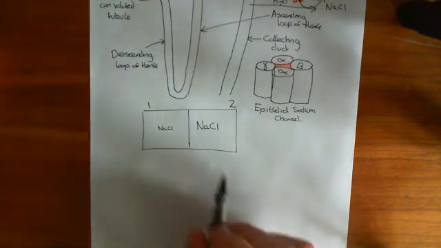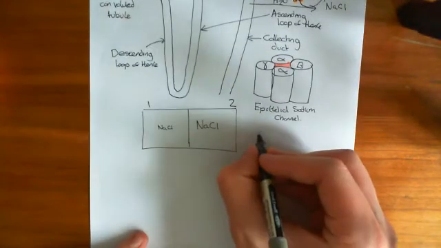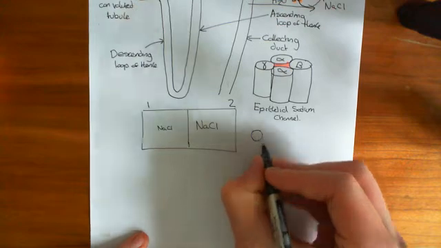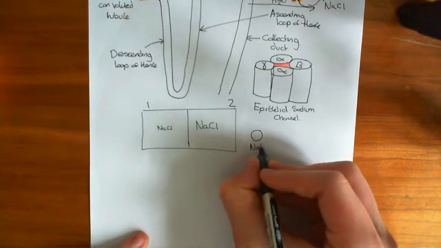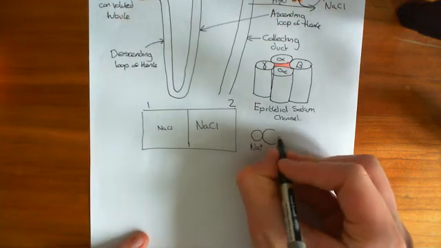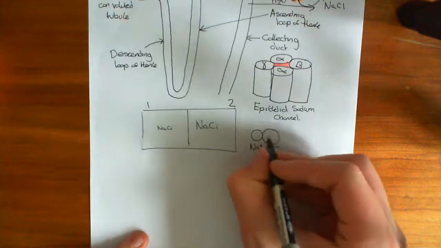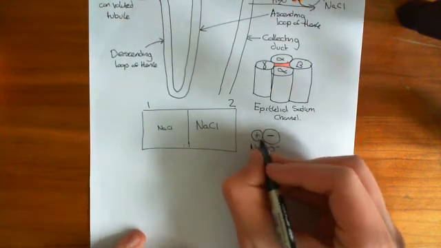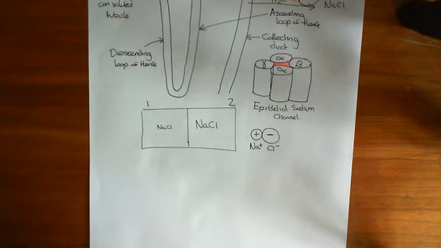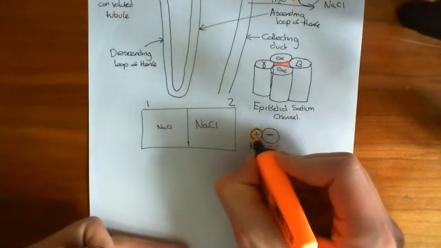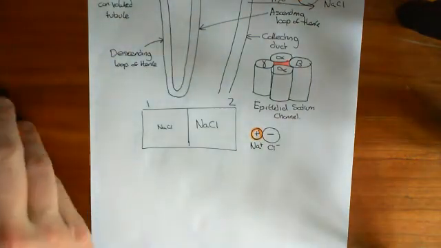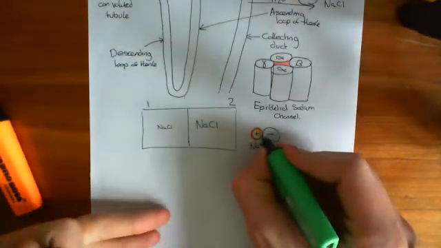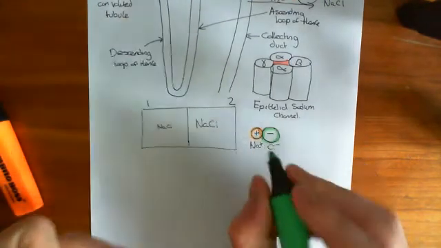sodium chloride. Well, sodium chloride is an ionic compound. You have a sodium ion, which has a positive charge, and you have a chloride anion, which has a negative charge. So this is negative and this is positive. And when you dissolve sodium chloride in water, these two no longer stay sitting next to each other.